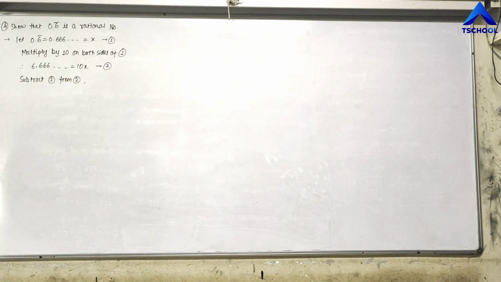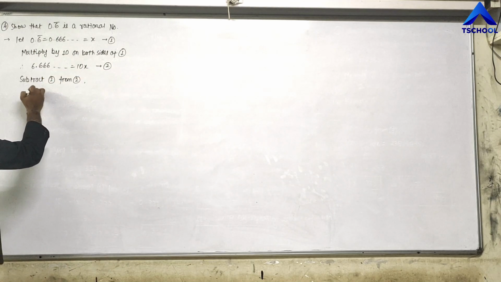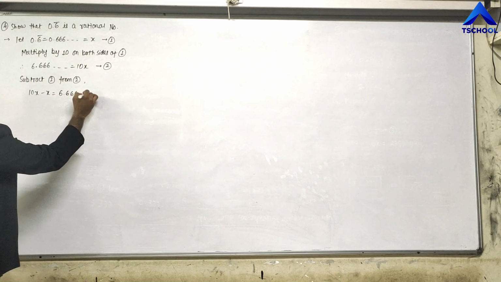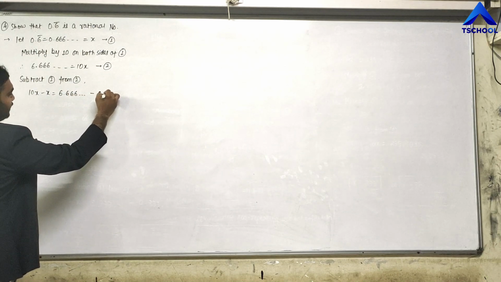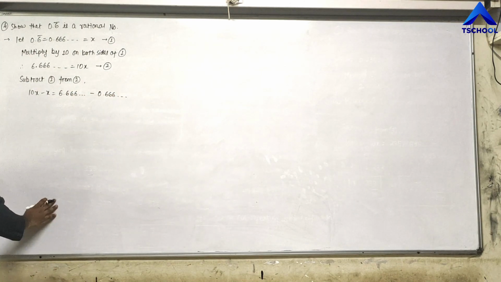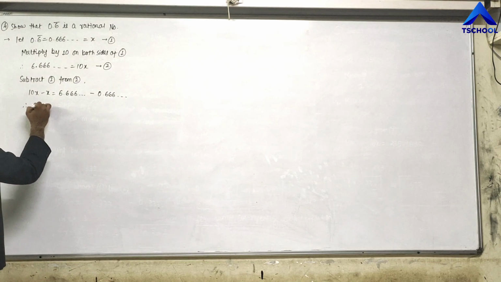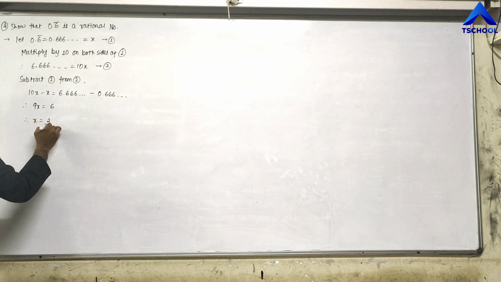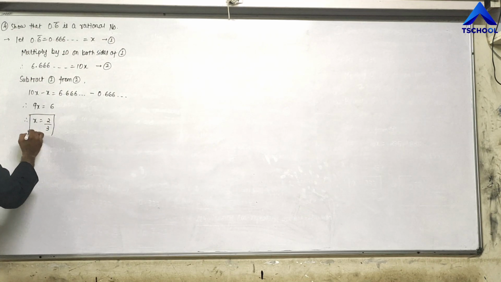Now what we are going to do here is simply subtract them. 10x minus x equals 6.66... minus 0.666... That gives me 9x equals 6 and hence x equals 2 by 3.